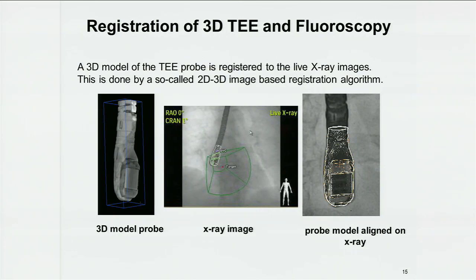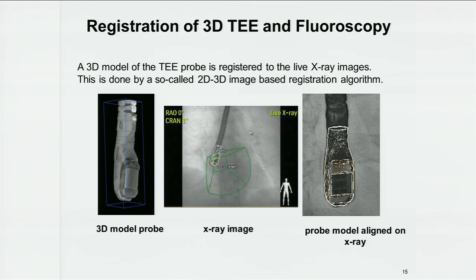So a very innovative approach is, rather than finding common anatomical landmarks that are seen in fluoro and in ultrasound, why not just align the TEE probe in X-ray, such that you get this so-called 2D-3D image-based registration.